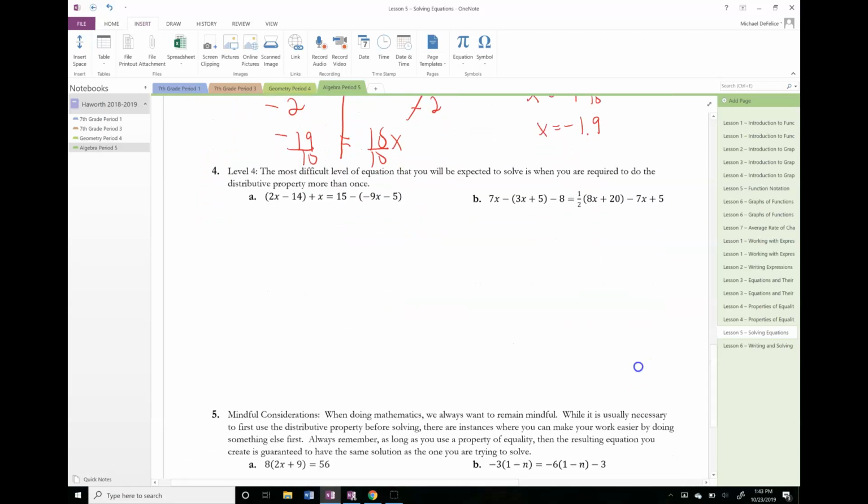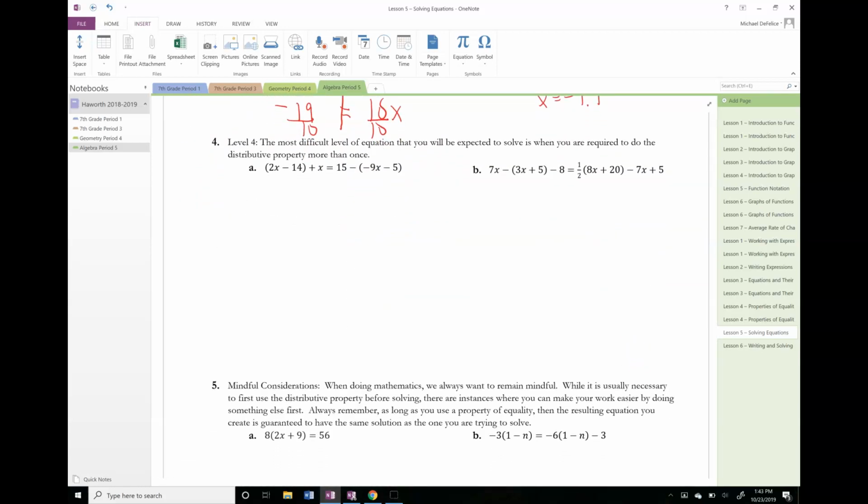All right, for level 4, these are the highest level of equations, and what makes these difficult is each expression has parentheses, so you have to distribute twice before you start solving. All right, so the first one, I have 2x minus 14 inside the parentheses.